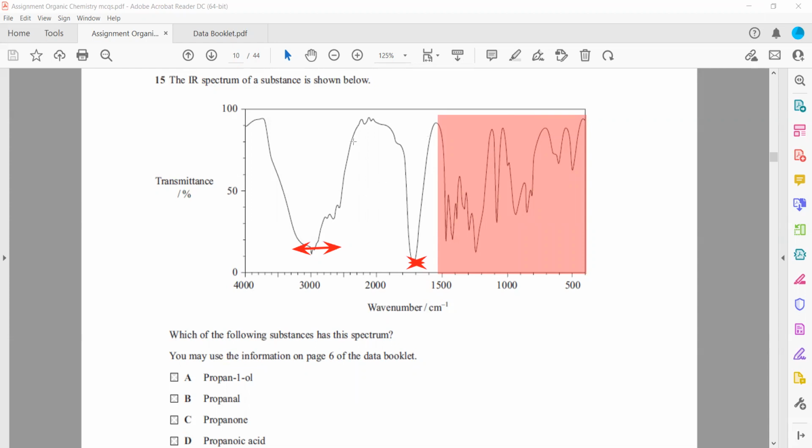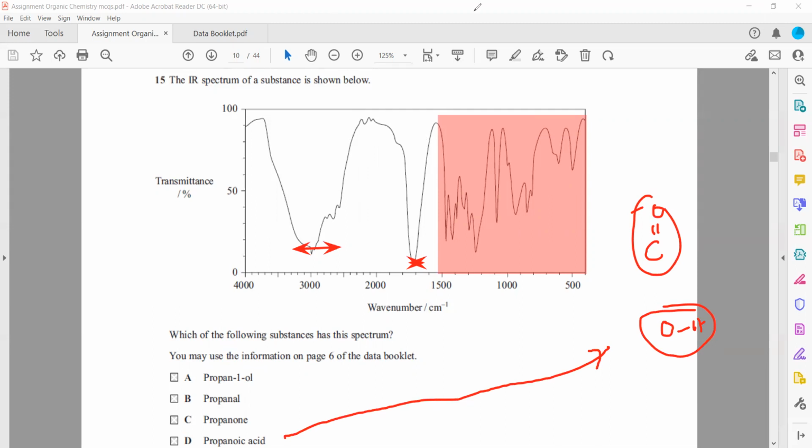So there are two peaks, and we'll check what they correspond to. As you can see, even without the data booklet I can just guess that C double bonded with O is one and OH is the other. So there are two different types of bonds in propanoic acid as compared to any other.